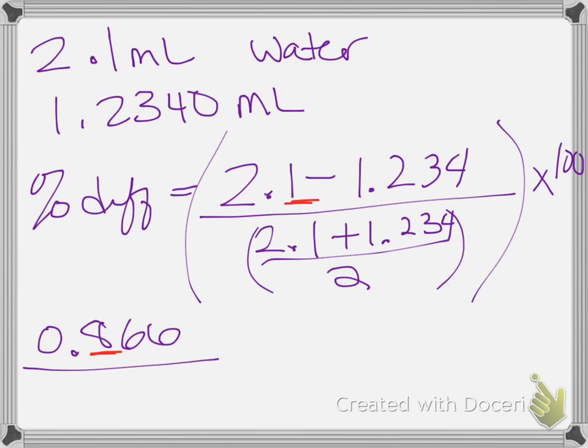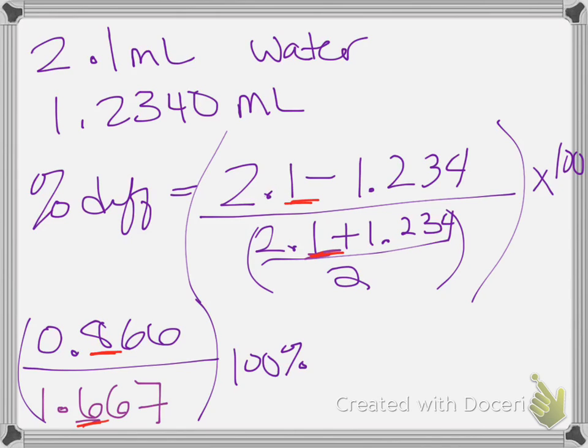And then the average is 1.667, again because of the addition right here. Because of the addition right here, that has to be the tenths place. And then this whole thing is still multiplied by 100%. Okay.